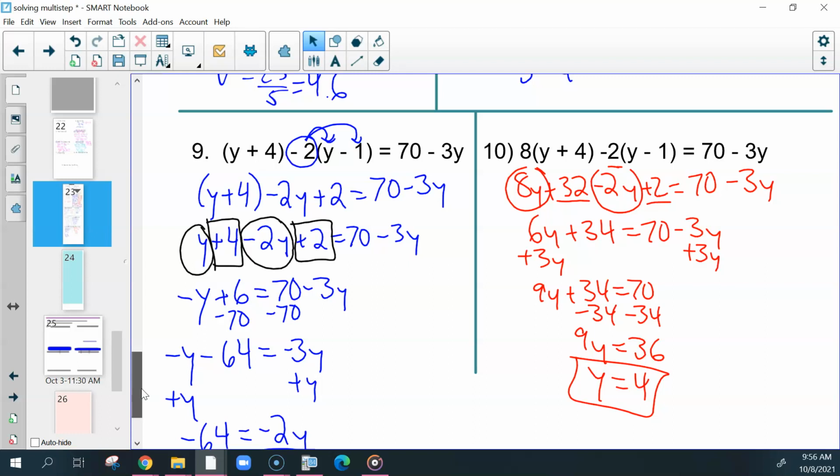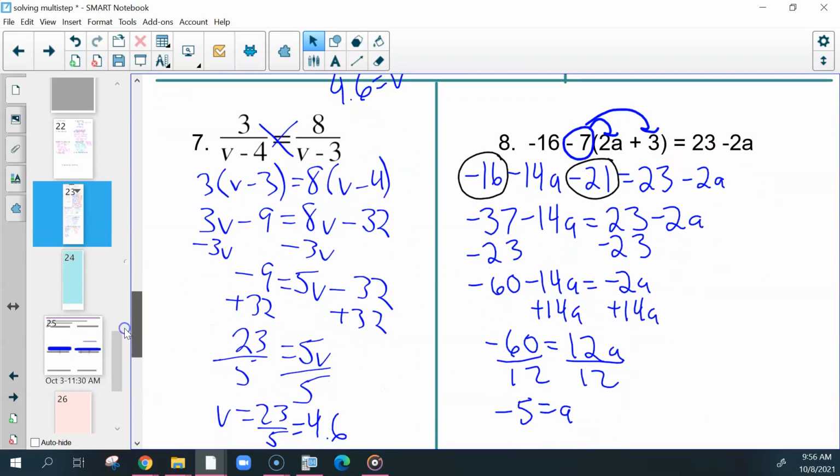I have to look back at that. I don't know why that said 32. It should be 4. Yeah, look at the red one, not the blue one. Do we have questions on any of those? -5.